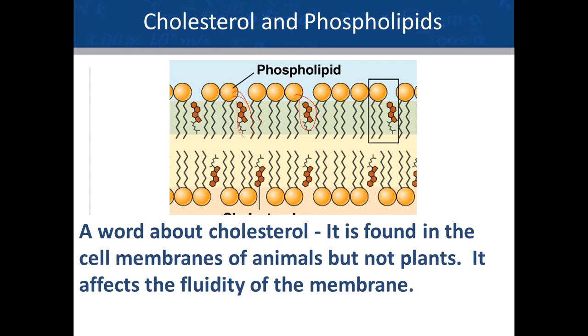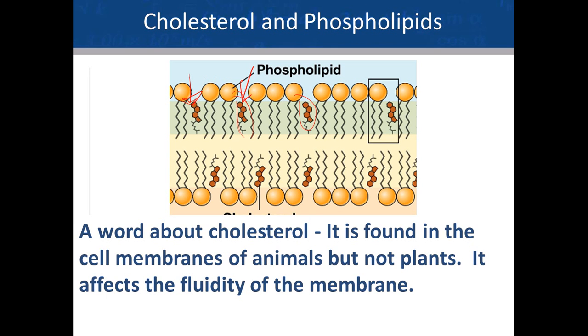And it can affect the fluidity of the membrane, but it depends upon the membrane. One of the things that is noted is that it can weakly bind to the hydrocarbon tails, and that makes it more difficult for smaller molecules to pass through the membrane. So it's like a little barrier for smaller molecules that probably would have been able to get through before.